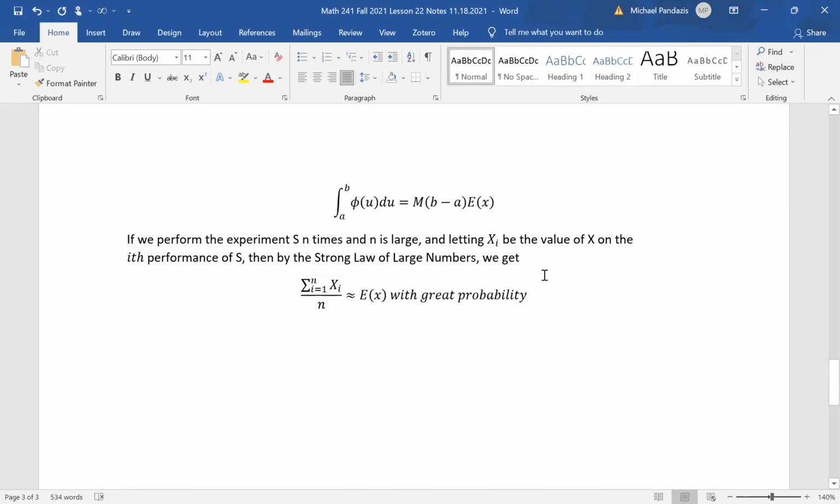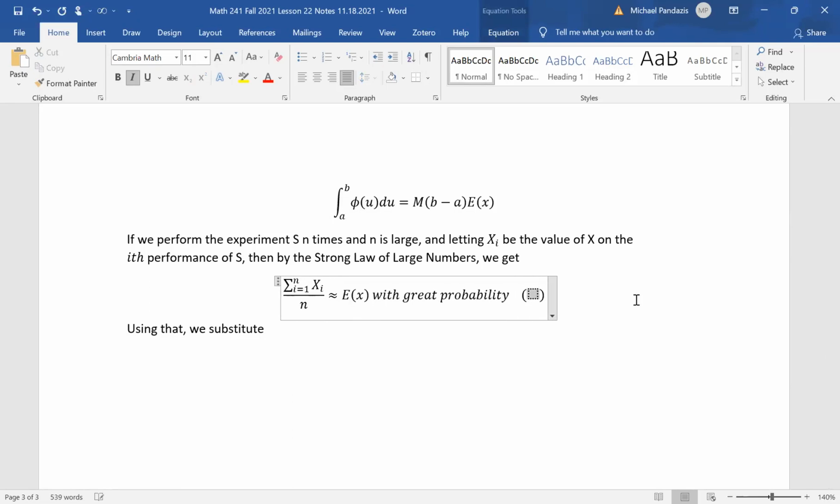Okay, and so with that result, we can plug in that approximation for E of X into this equation here, and we can have an approximation now of the definite integral. Okay, so using that, we substitute. I'm going to call this star.